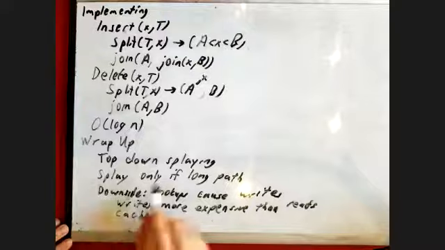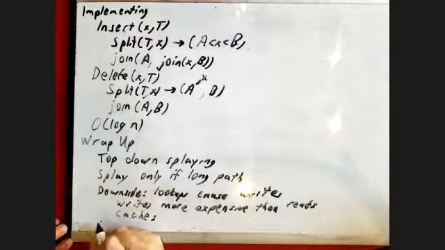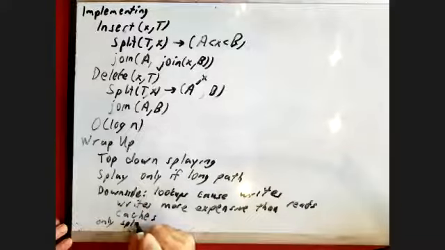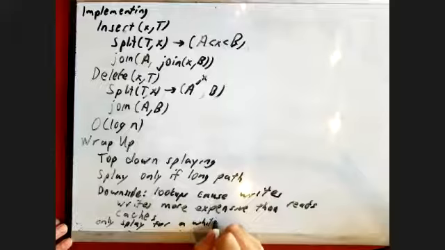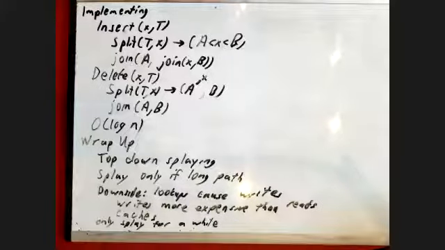And so in addition to only splaying if you have a long path, another thing that you might do in practice is only splay for a little while. As you start up your computation, you use the splay tree, but at a certain point you just freeze it and keep using it in its existing structure.